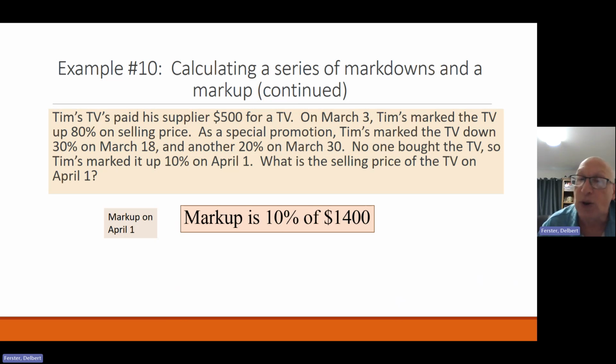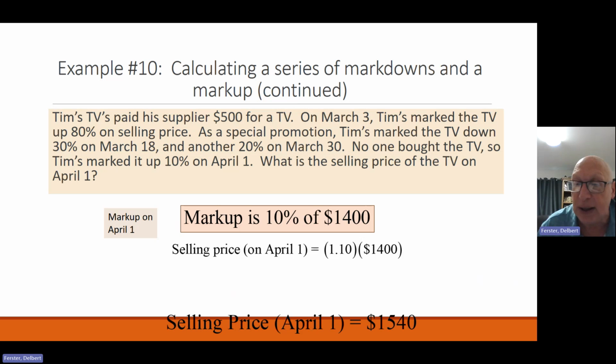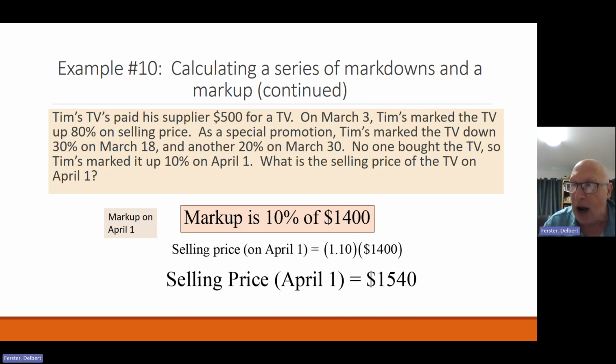So our percentage now is 100 plus the 10, or 110, as a decimal number that's 1.10. So using the same idea that we've looked at previously, we'll do a straight multiply and find out what that new selling price is. We're not shocked that it's higher than $1,400, because we realized he's going to do a markup. So on April 1st, he marks the TV up to $1,540.